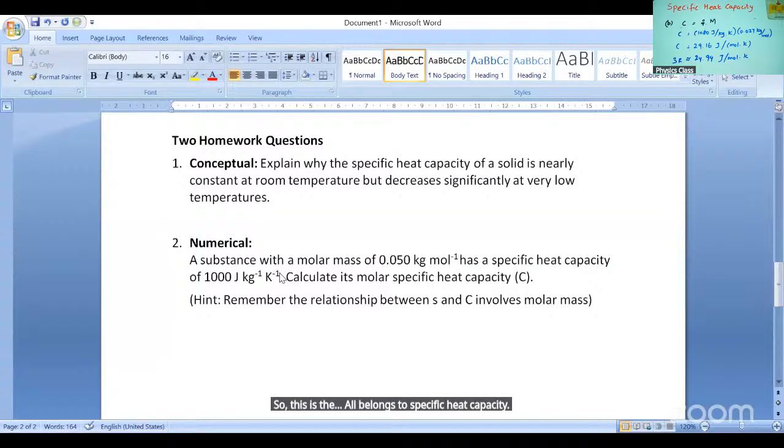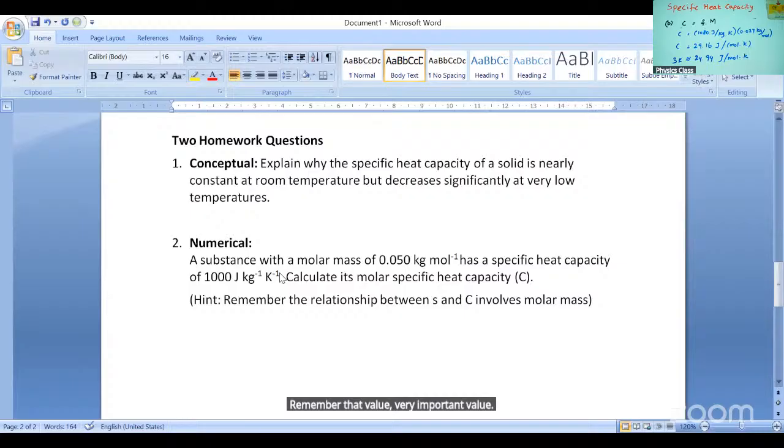Today we learned what heat capacity is: capital S, molar heat capacity C, universal gas constant R, and C is approximately 3R. And for water, 4186. Remember that value, a very important value.